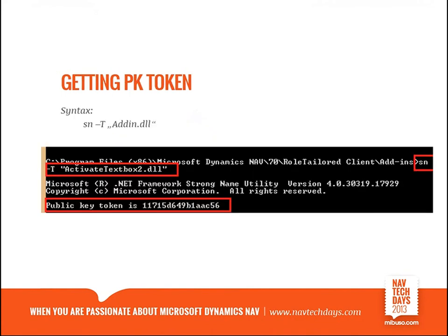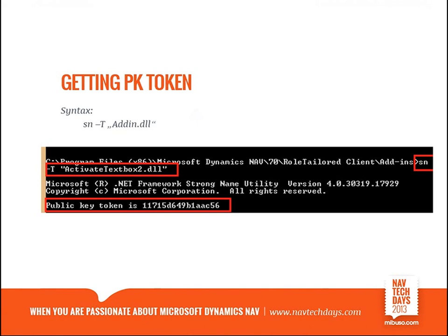The third step is to export the public key token from our created DLL library, which is our add-in. One of the easiest ways to do it is to use the strong name utility, which is provided together with the Visual Studio installation, with the Visual Studio SDKs.